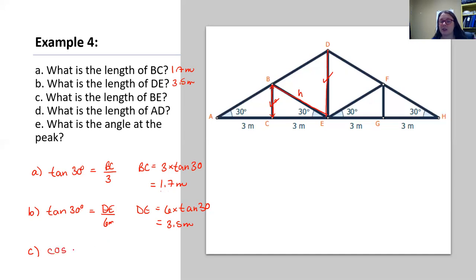So the cosine of 30 is equal to adjacent over hypotenuse, which gives me 3 meters on top divided by the length of BE. BE is going to be equal to, remember these two trade places, that's the shortcut, so it's going to end up with 3 over the cosine of 30.